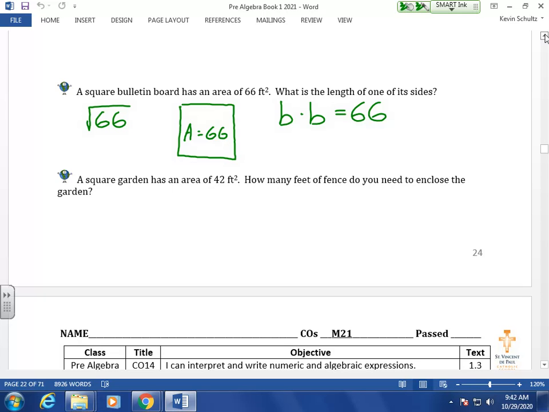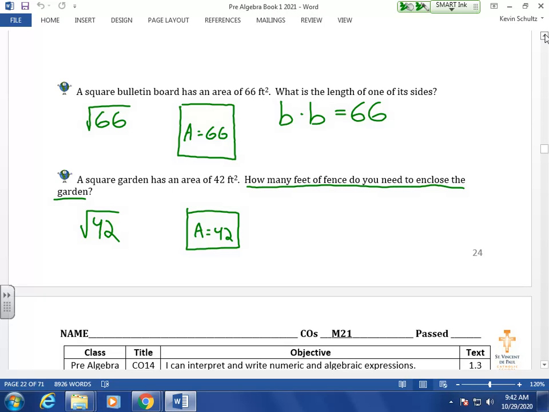And below that, a square garden has an area of 42. How many feet of fence do you need to enclose the garden? So in this case, you're still looking for the side length of it. You're still looking to estimate the root of 42 to get what the length of the square is. But then what am I really asking for when I say how many feet of fence do you need to enclose the garden?